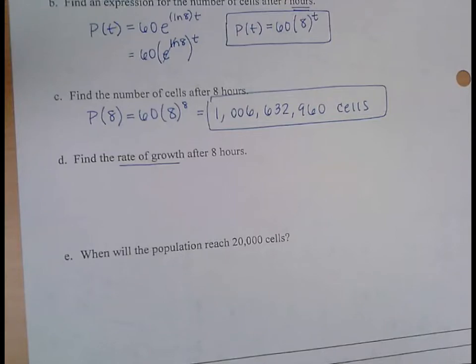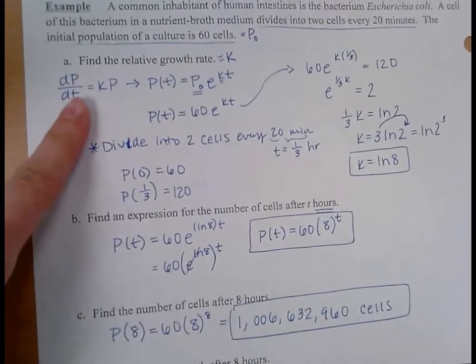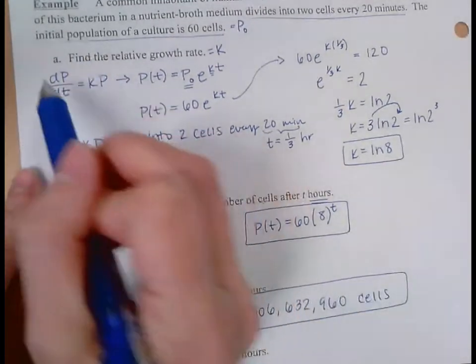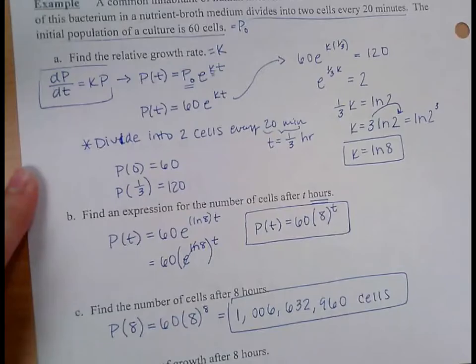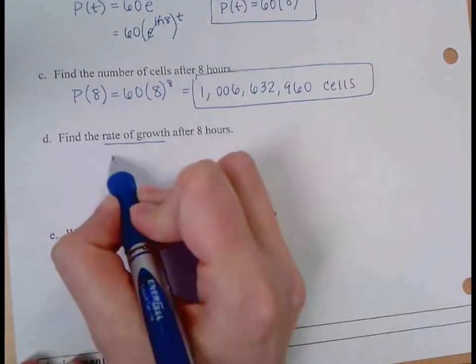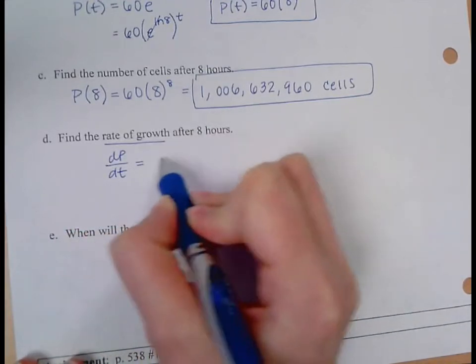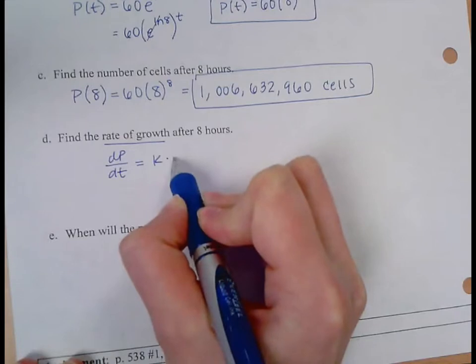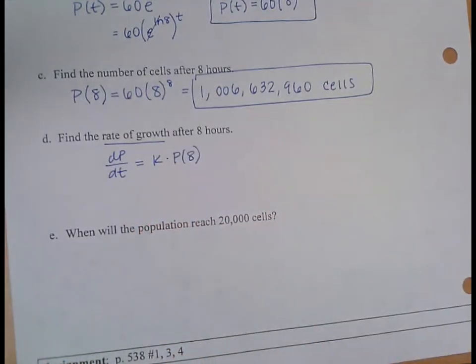Now, it's not as complicated as you might think, because up here, this is the derivative, dP/dt equals k times P. So if we're finding it after 8 hours, we're saying dP/dt is equal to k times your population at 8 hours.